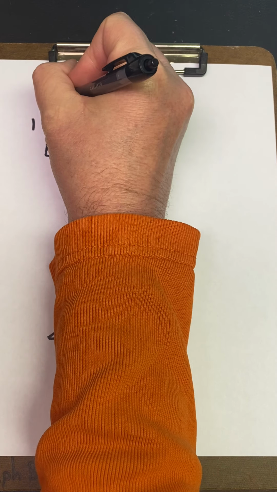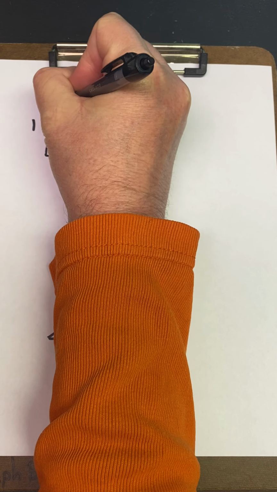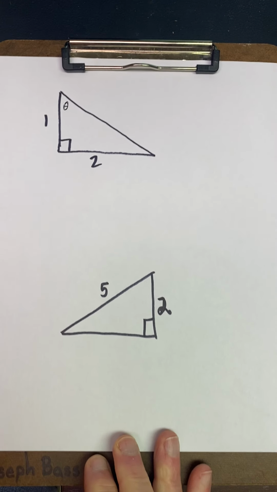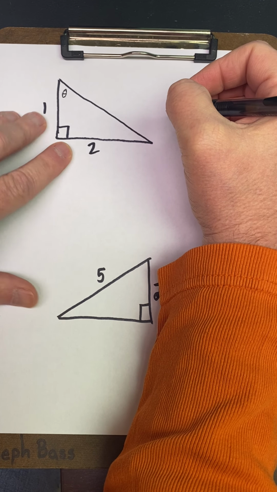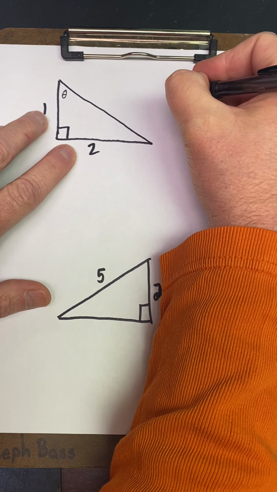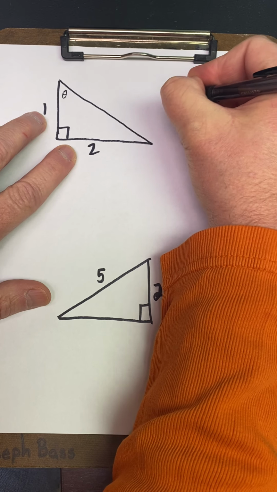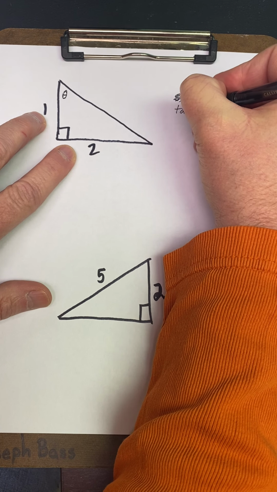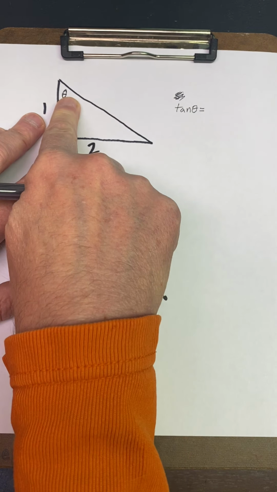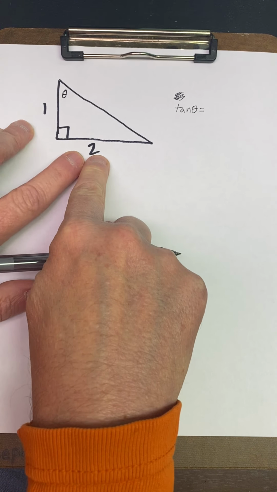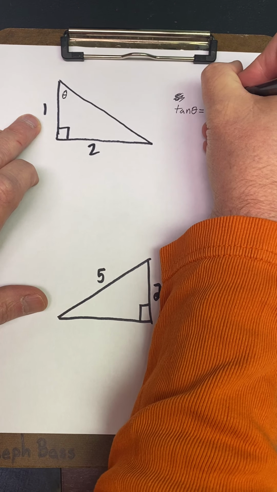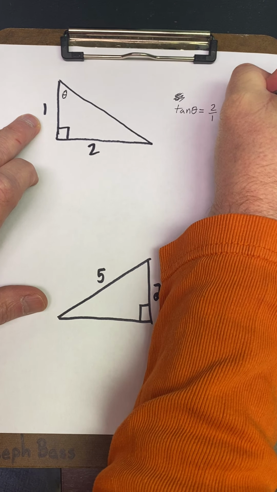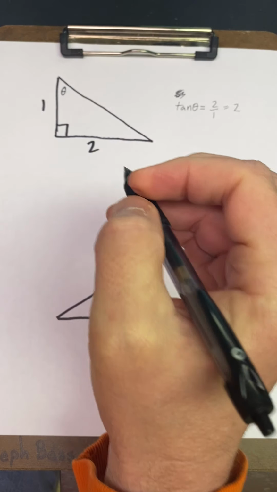I'll call one of the angles theta. Now I know these two sides. I know that the tangent of theta is opposite over adjacent, 2 over 1, which is 2. So the tangent of theta is 2.